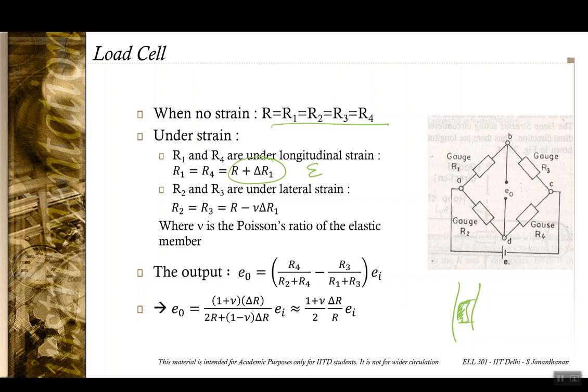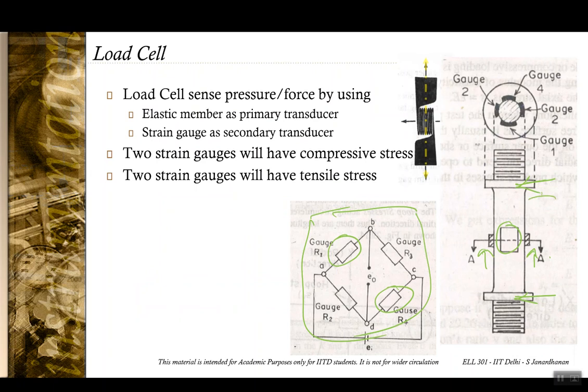However, R2 and R3 are mounted on the transverse side. So two of them are mounted like this, and two of them are mounted on the other side like this. They are going to measure the lateral strain, which is minus mu epsilon, where mu is the Poisson ratio of that elastic member.